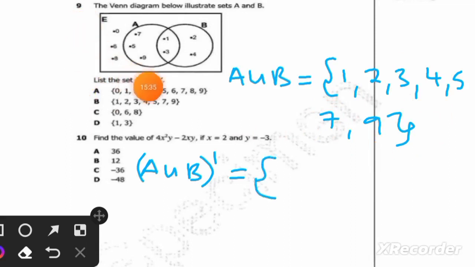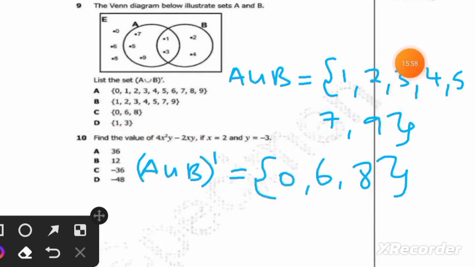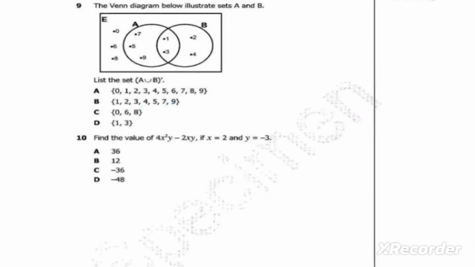So as we can see, members that cannot be found here, we have 0, we have 6, and we have 8. So these are members that cannot be found here. So therefore, our correct answer is C.